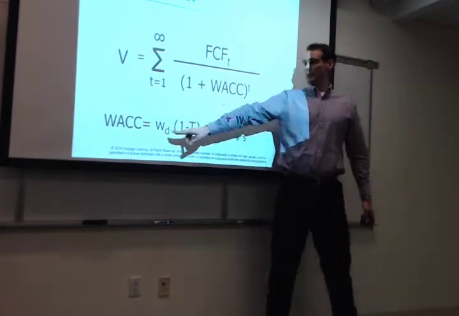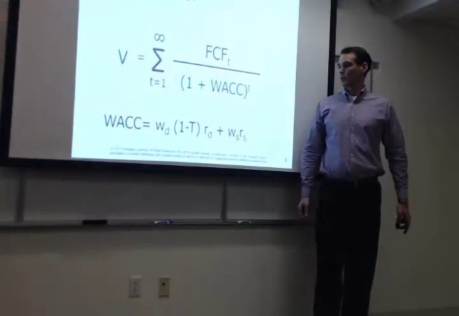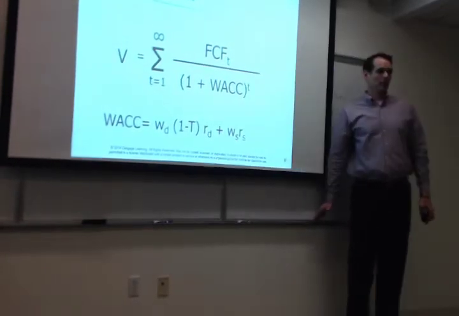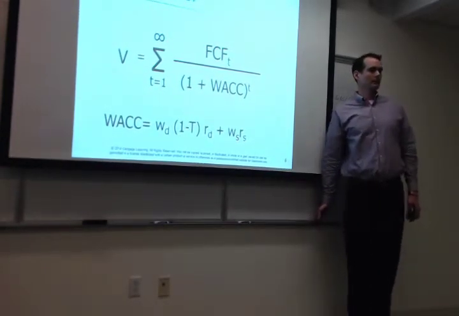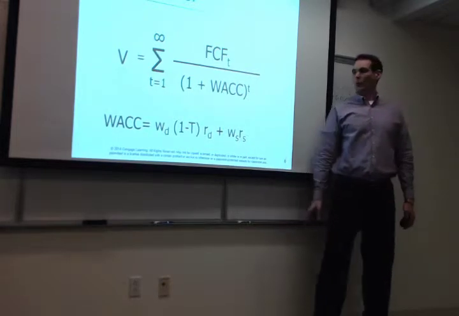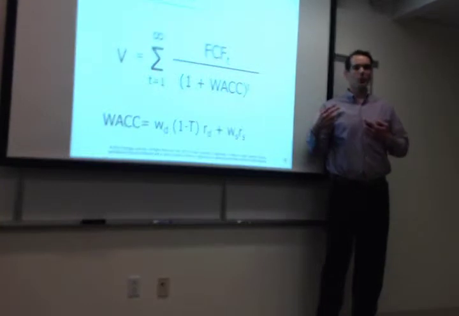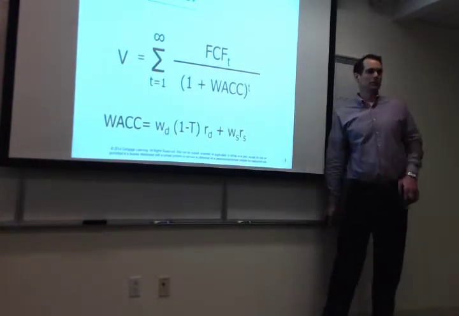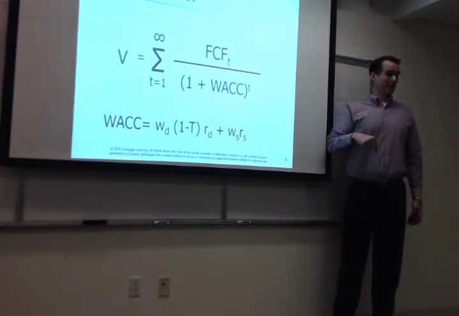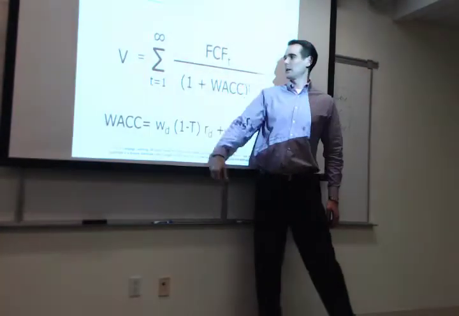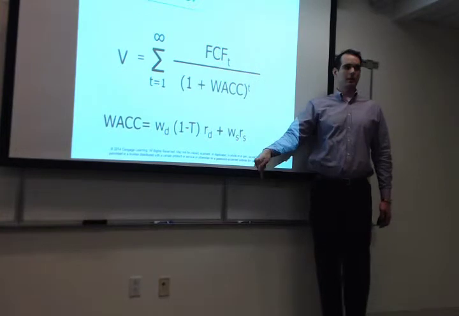So what happens to this weighted average cost of capital if we have a company with more debt? It decreases. Outstanding. Now, what happens to the value of the company if the WACC decreases?